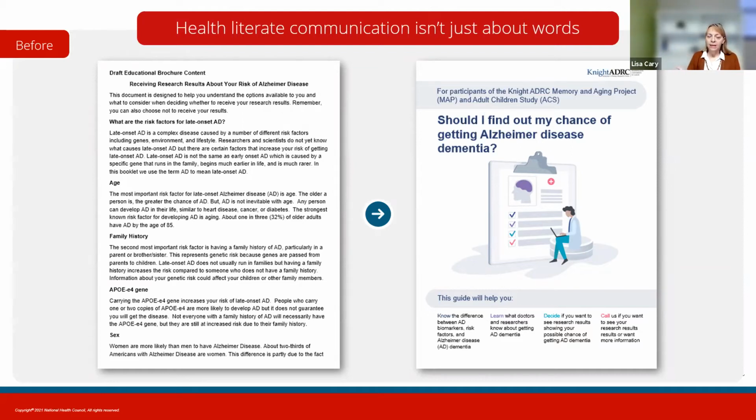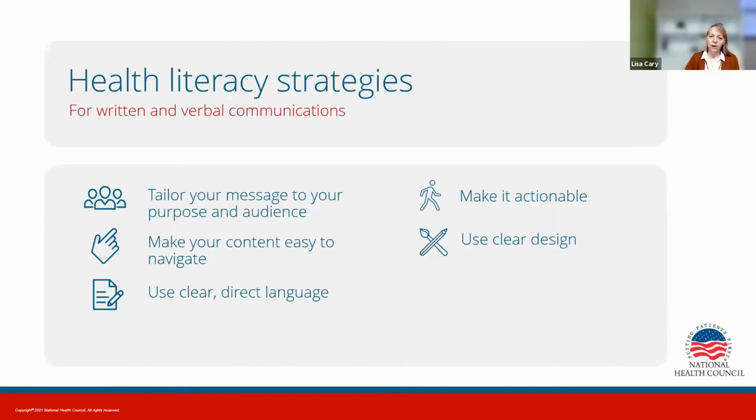And then on the right is the front cover of the brochure that we created from it. So these evidence-based principles, when applied together, can make a huge difference in creating materials and media that your audience can understand and act on to make informed decisions. And those principles are what we'll be talking about today.